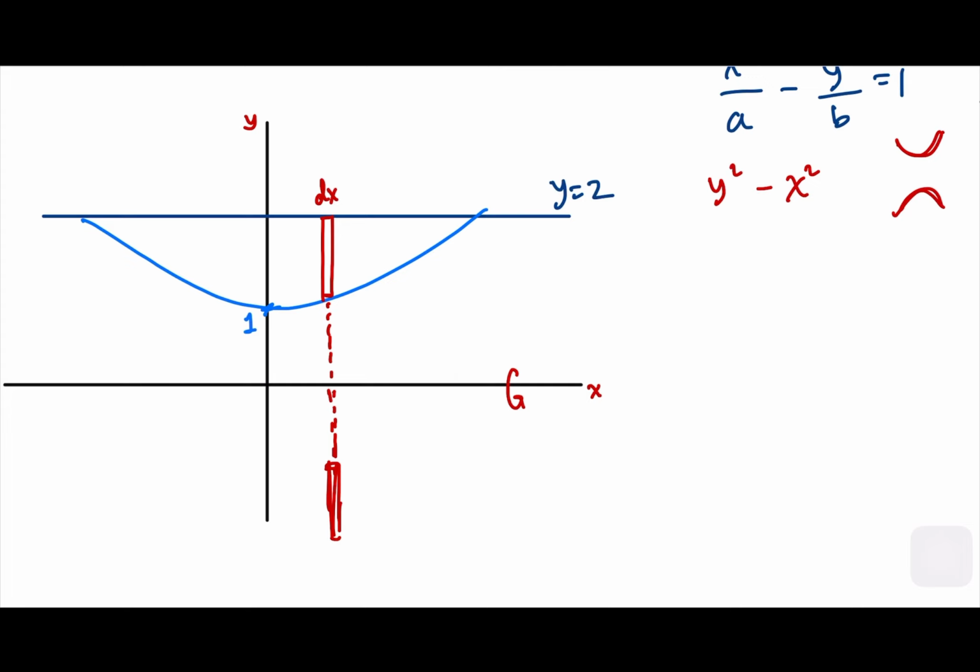So this will be the inner radius, and this will be the outer.